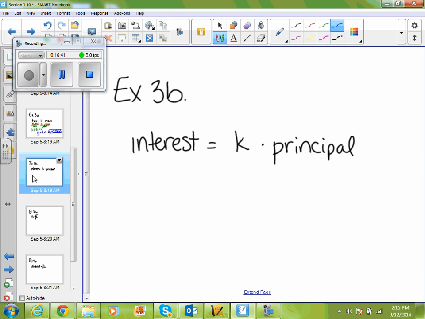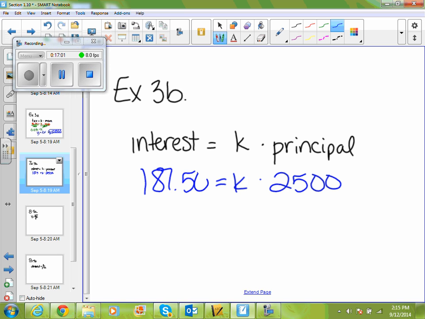By investing $2,500 in a certain bond, so $2,500 is my principal, I get an interest payment of $187.50.